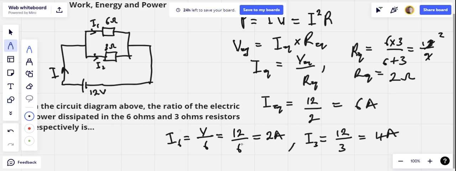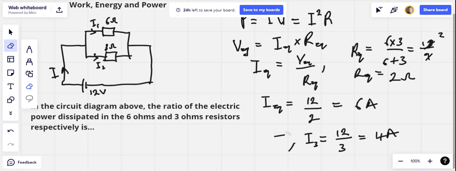So if you see, 2 amps plus 4 amps will give us 6 amps, which is the total current from the cell. So now we've gotten the current through each resistor. So we can now calculate the power through each resistor.